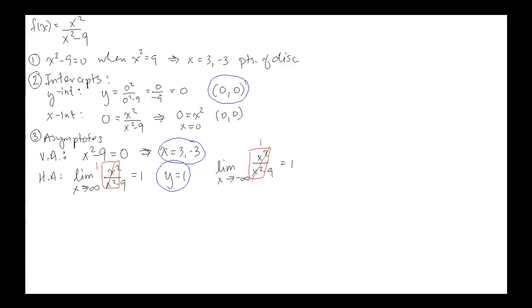All right, so we've got intercept, we've got points of discontinuity, which in fact turned out to be our vertical asymptotes, and then we've got a horizontal asymptote. Okay, now get to work on our derivatives. So, first derivative. Okay, bottom d top, minus top d bottom, all over bottom squared.